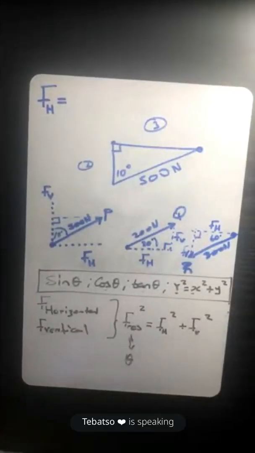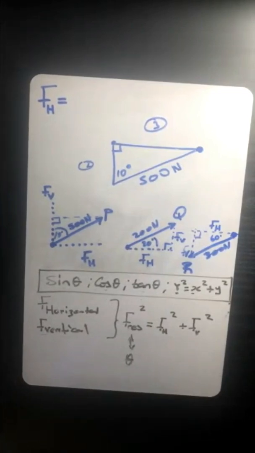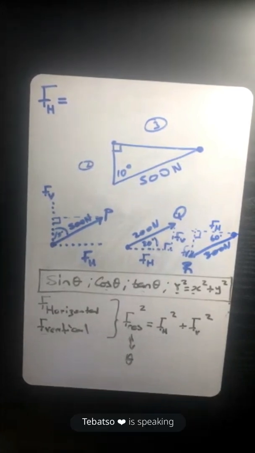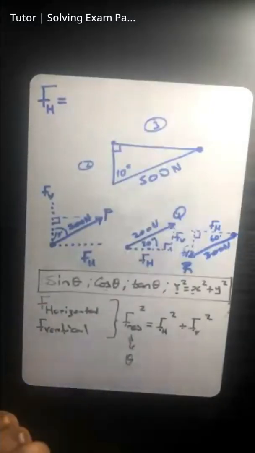Because we have the hypotenuse side. So, a response to that, Tebatsu, you say it's because we have hypotenuse and we are looking for the opposite, which is the side that I'm looking for.